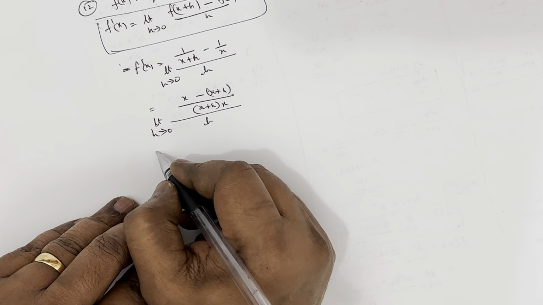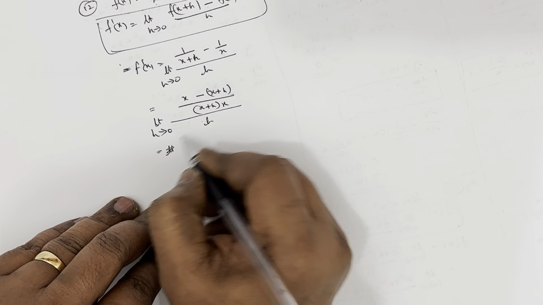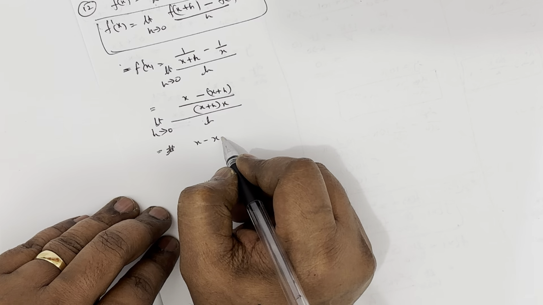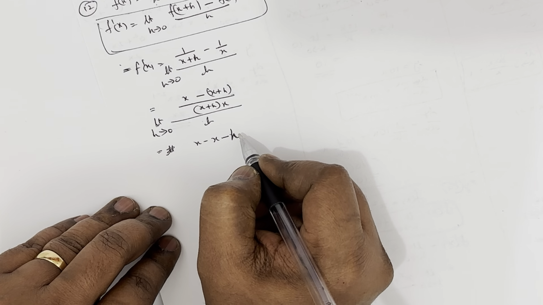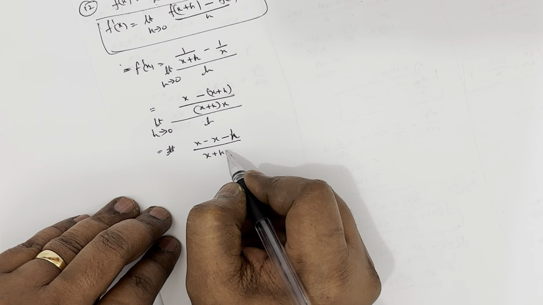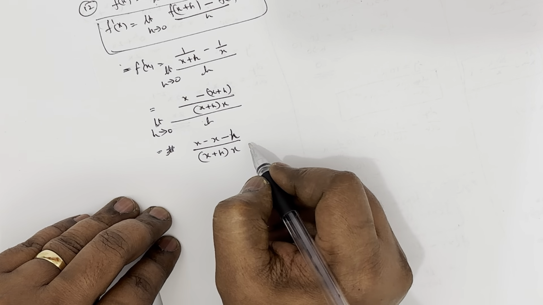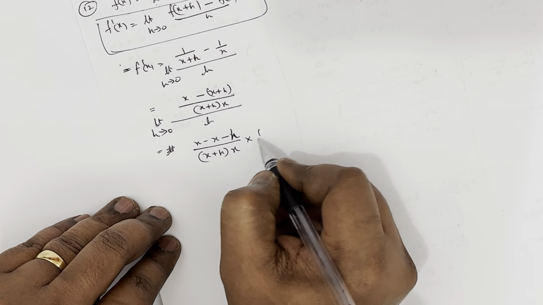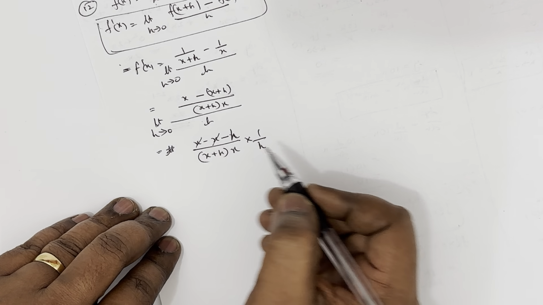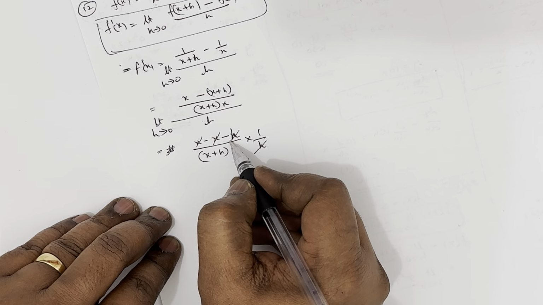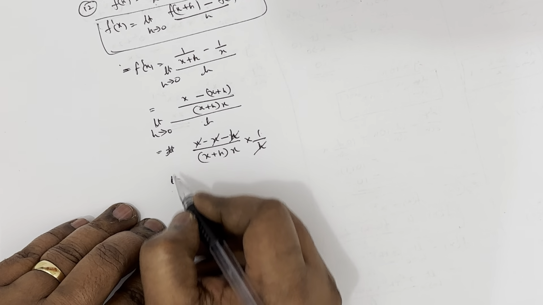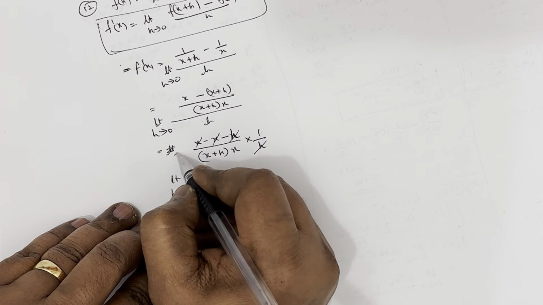Now if you see, this becomes x minus x minus h, upon x plus h multiplied by x, and this h can be written as 1 by h. Now positive x and negative x get cancelled, this h and this h get cancelled, you have minus 1, limit h tends to 0.